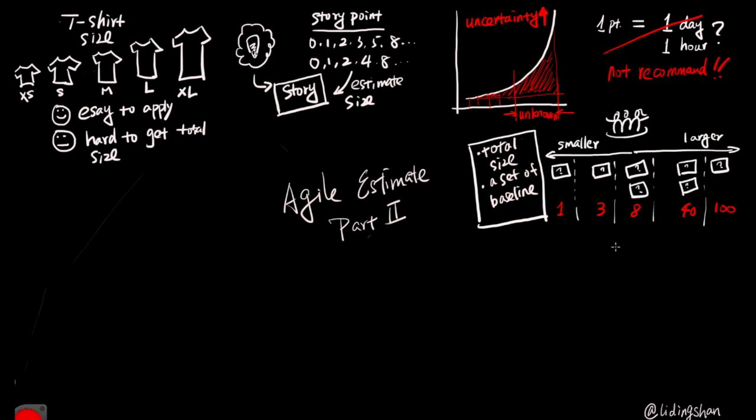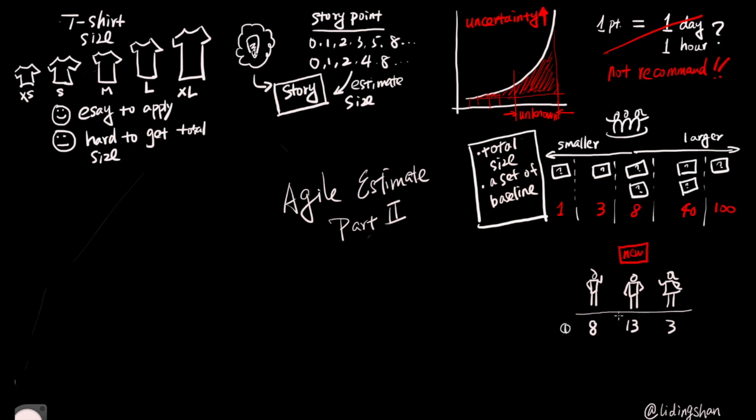When a team has a baseline, if there's a new story that needs to be estimated, the team can have a quick conversation about it. The procedure may look like this. The first round, each one will give their estimate according to their own understanding. It could be very different.